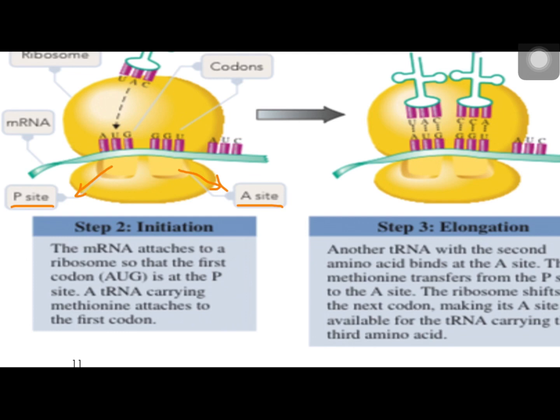Before that, our ribosome has two ribosomal subunits, the large subunit and the small subunit. Our small subunit is composed of two sites, the P site or peptidyl site, and the A site or amino acid site.